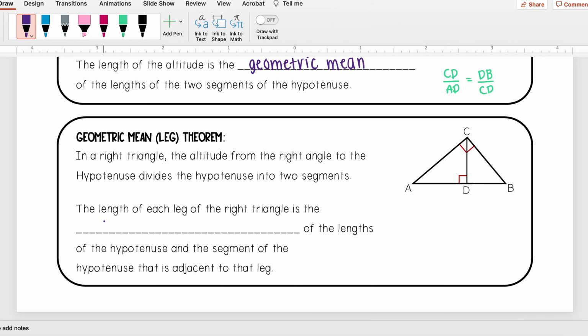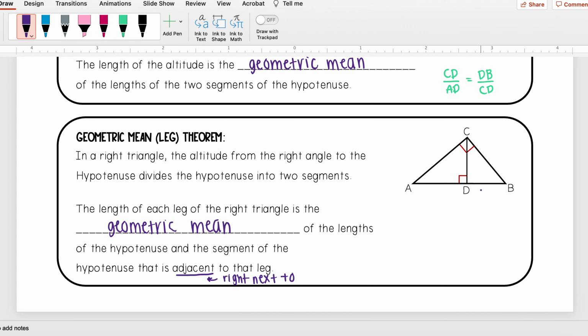However, this one says the length of each leg of the right triangle is the geometric mean of the lengths of the hypotenuse and the segment of the hypotenuse that is adjacent to the leg. So again, that just means right next to. And so this one is going to look a little bit different.